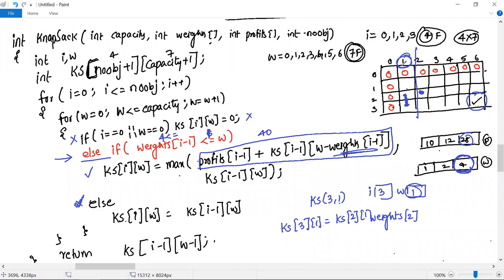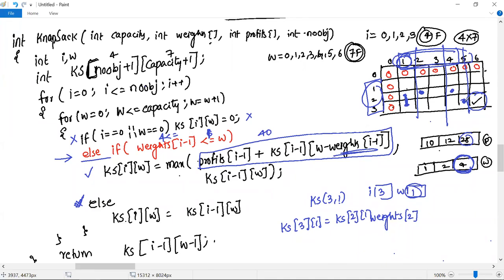Whichever the profit the object is giving with one capacity, you are taking that one, right? Now see, at any point of time, if you are standing here, what is the meaning? In these two objects with the capacity 4, how much maximum profit you will get, right? When you are standing here with these three objects with capacity 5, how much profit, right?